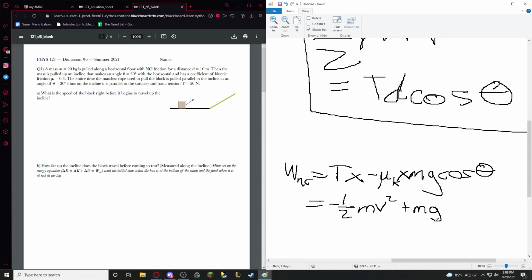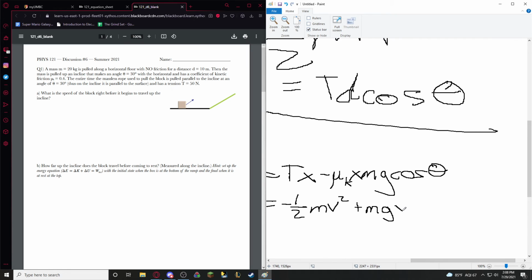Sure thing. And so what would our total height traveled upward be? Well, total height would be x times sine of 30, sine of theta. Exactly. Just x times sine of theta.